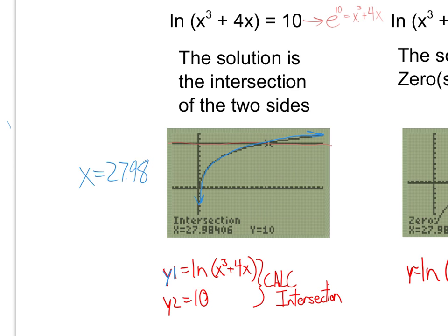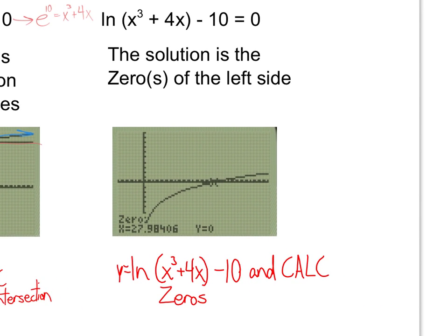One alternative way is if I subtracted 10 from both sides, the whole thing equals 0. Now the nice thing about this is I only punch in one function.